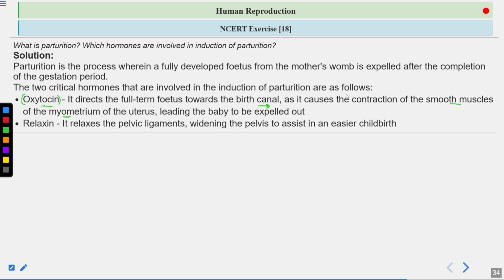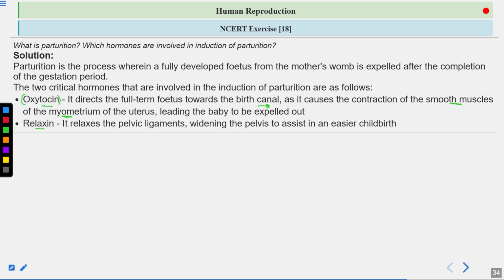So this oxytocin causes the contraction of the smooth muscles present in the myometrium, and these contractions push the fetus towards the outside. It helps in the delivery of the fetus through the birth canal. The birth canal is made up of the vagina and the cervical canal.